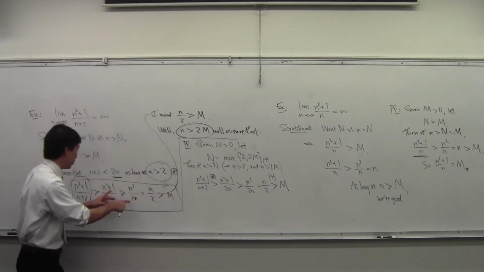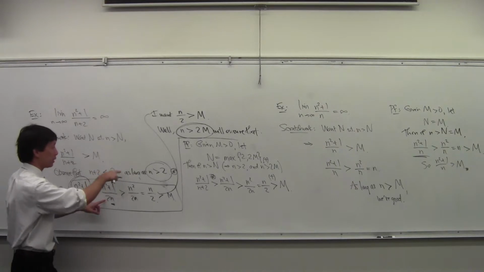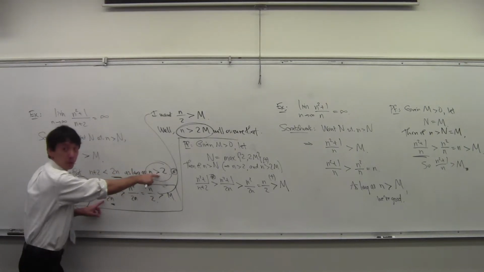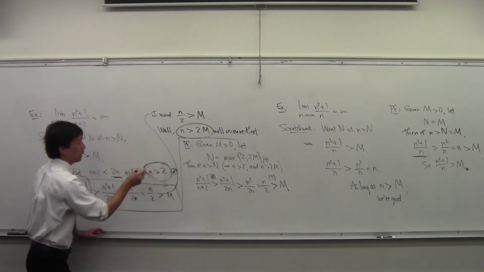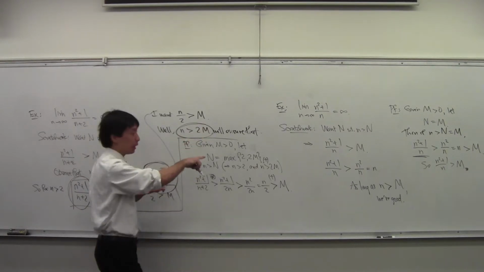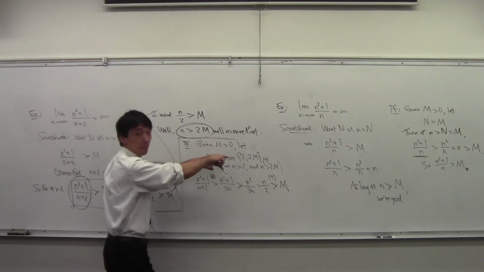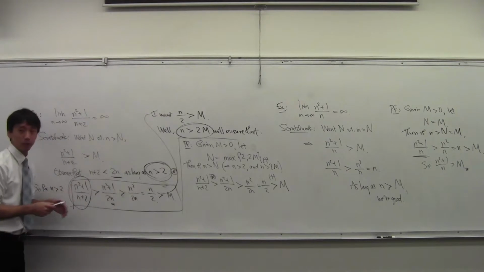But along the way, we also used this fact, and that fact relied on n being larger than 2. So we need to ensure two things: that little n be bigger than 2, and little n be bigger than 2m. And this is how we do it. We say let N be the larger of 2 and 2m. Then that'll do it for us.